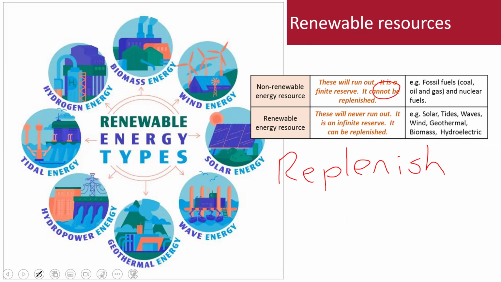Don't say cannot be made, you say cannot be replenished. Renewable resources can be replenished. Don't say can be made or can be reused, you say can be replenished, right? If you think about it, if it's windy one day, you can't reuse that wind again, but it can be replenished.